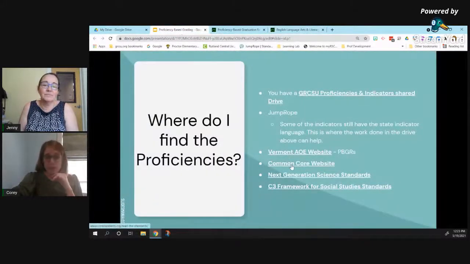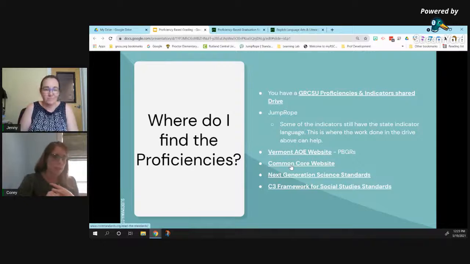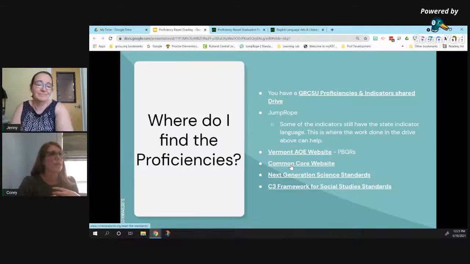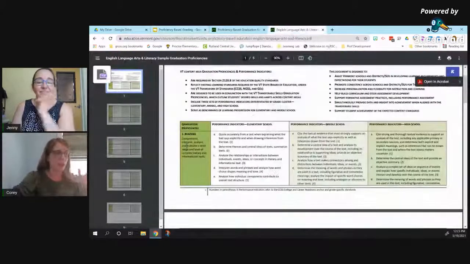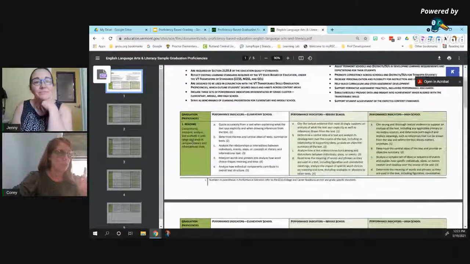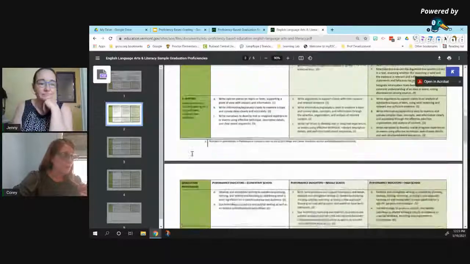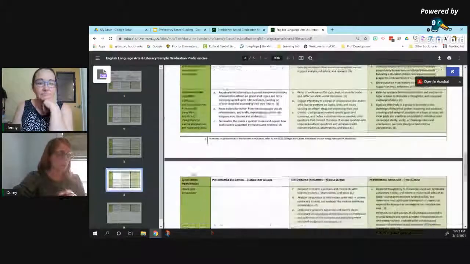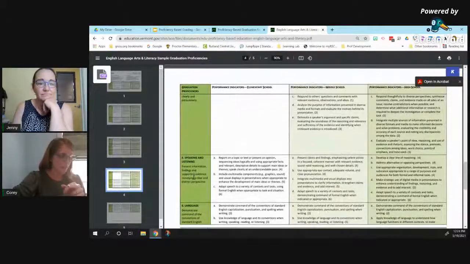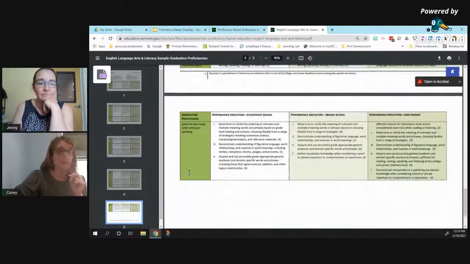You can go to the Common Core website. You're going to find your ELA and your math standards. So, there are so many terms, right? Proficiencies, indicators, standards, target skills, what does it all mean? So our proficiencies are our overarching themes. In ELA, our proficiencies are reading, writing, which is a research project, speaking and listening, another speaking and listening, which they have little descriptions to distinguish between the two, and then language.